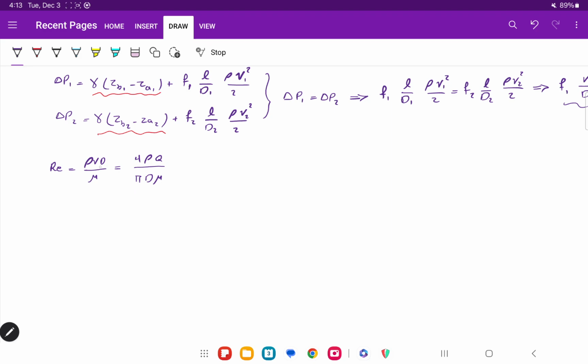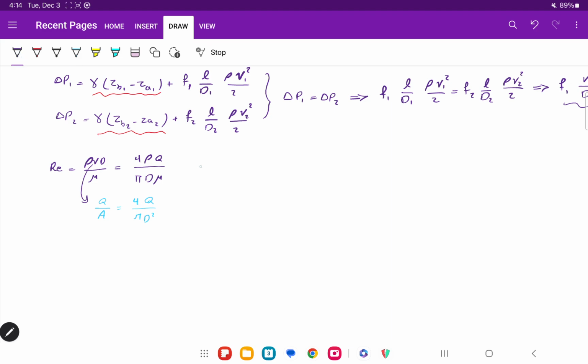You just need to replace velocity by Q over area. Area is pi d square divided by 4, so 4 goes into the numerator times Q.